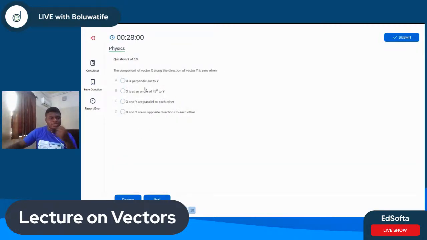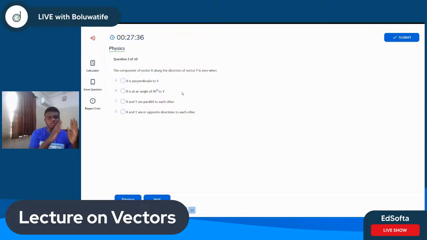Okay, now the next question. The component of vector x along the direction of vector y is 0 when x and y are perpendicular. That means x only has one component and y only has one component. Let's assume x has the vertical component and y has the horizontal component.